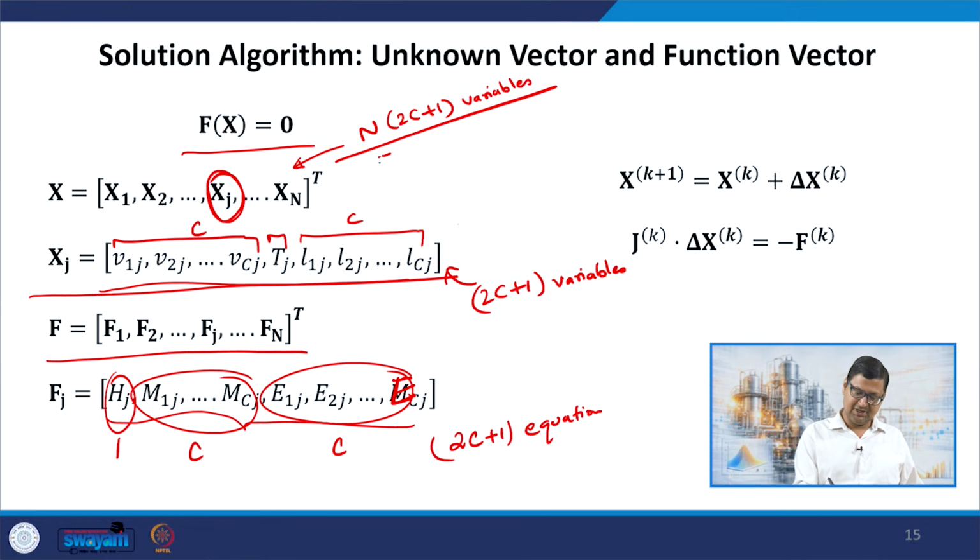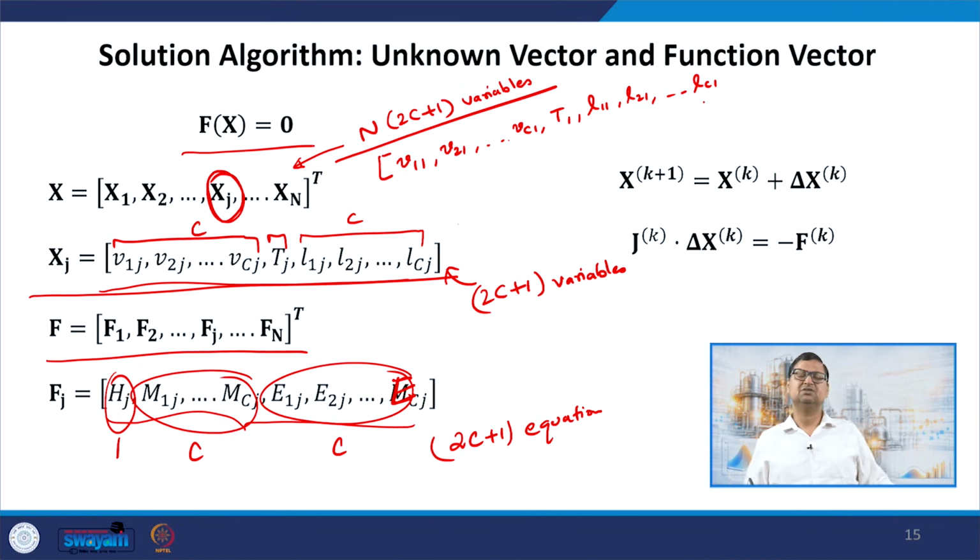I will have something like V11, V21 until VC1, T1, L11, L21 until LC1 for the first stage.